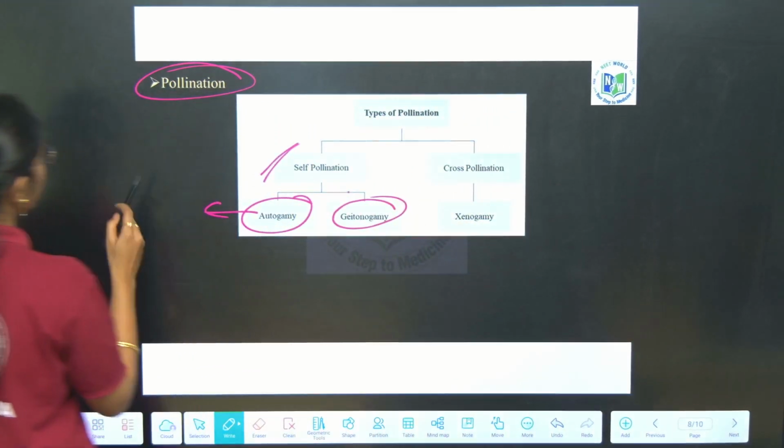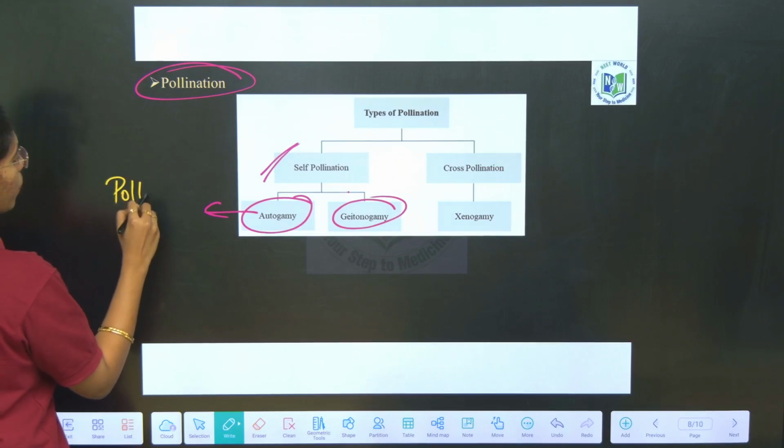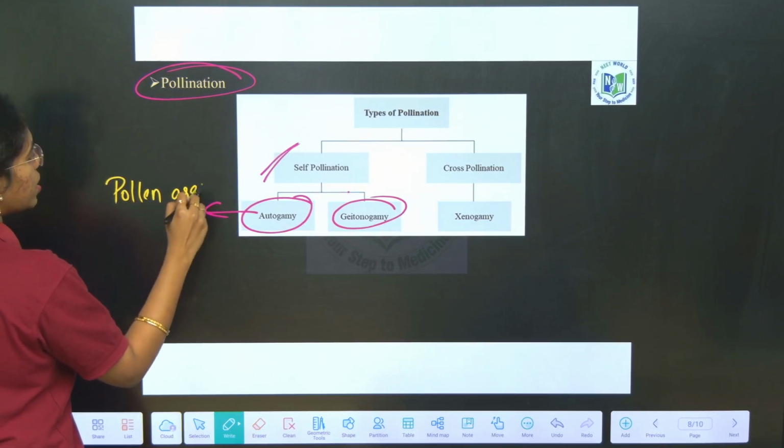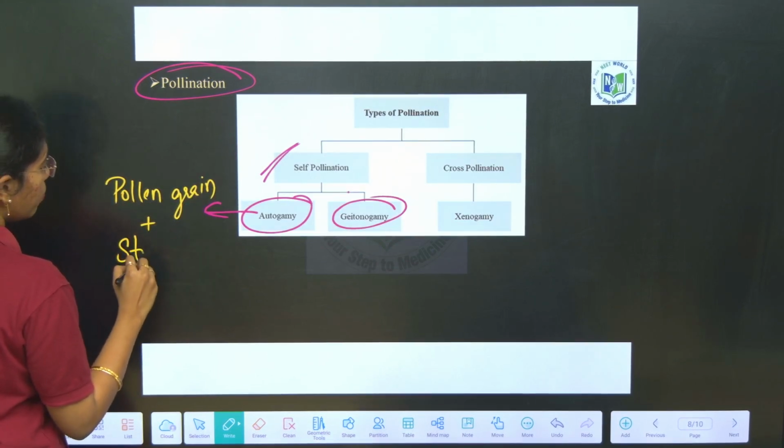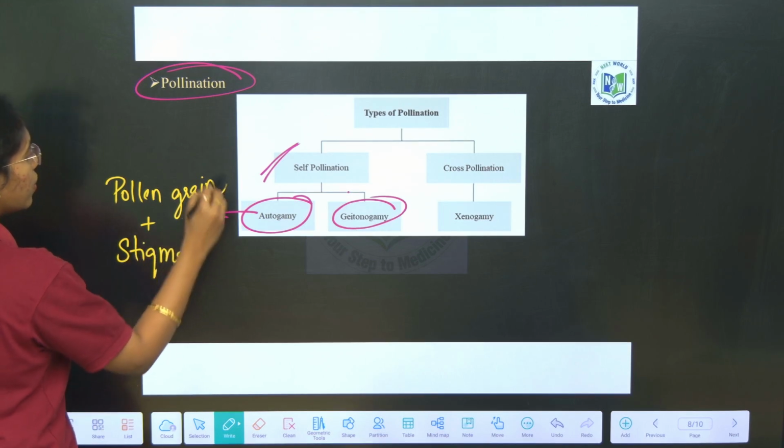Autogamy means pollen grain germinating on the stigma of the same flower.